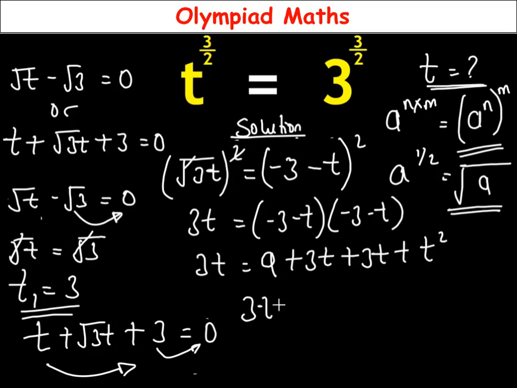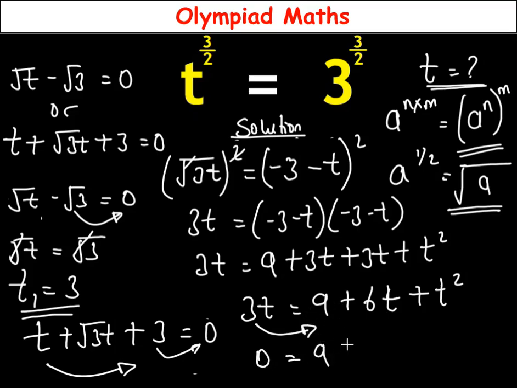From here, 3t is equal to 9 plus 3t plus 3t is 6t, right? Then plus t squared. With this, let us move 3t to this side. So we're going to have 0 is equal to 9, plus 6t, minus 3t, plus t squared.